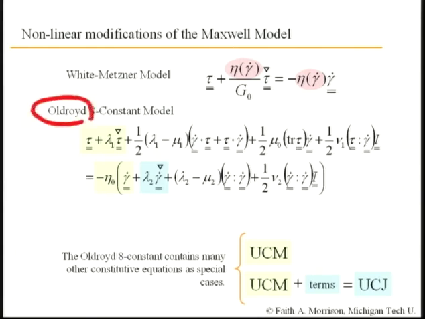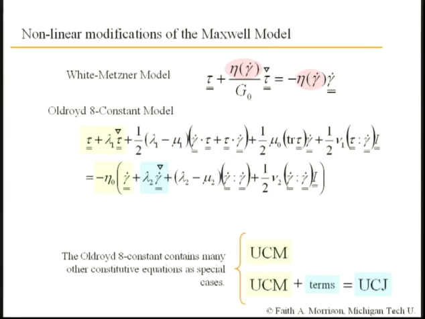Professor Oldroyd in the UK said, well, let's be systematic about this. If we're going to add nonlinearities to the Maxwell model, let's add all the possible nonlinearities that are quadratic in rate and at most single power in rate times stress.